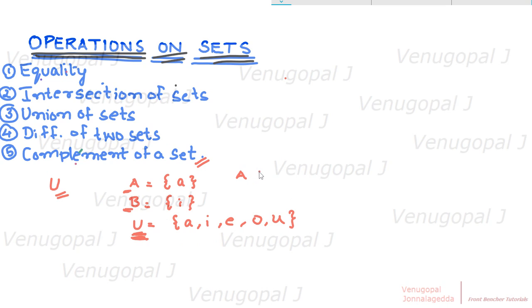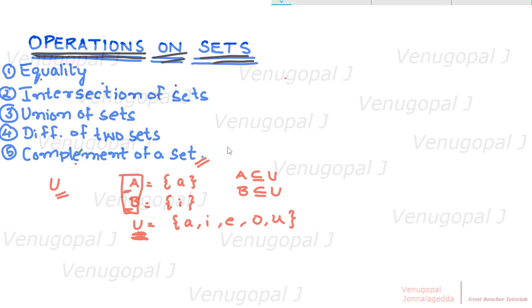So A is a subset of U and B is also a subset of U. That makes U a superset as well as a universal set. These are the sets under consideration right now. So now we know what a universal set is.